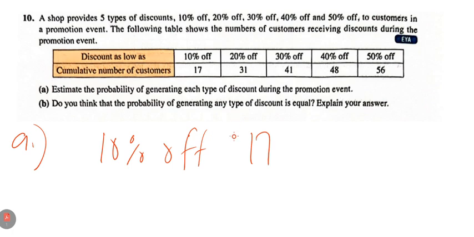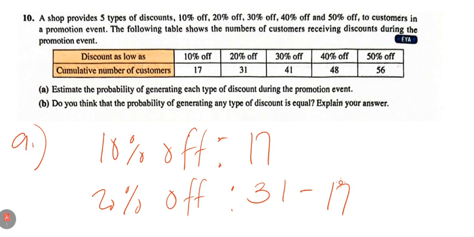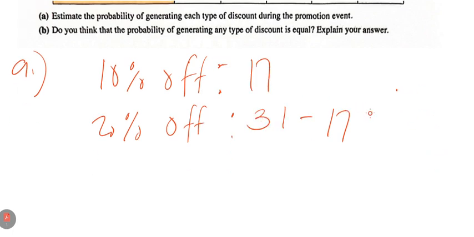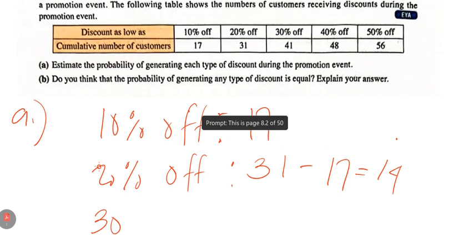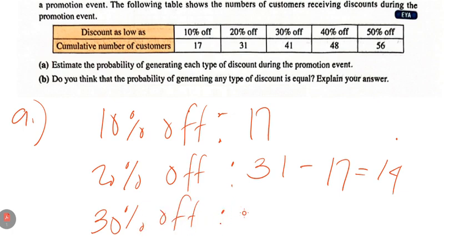Now the 20% is 31, so 31 minus 17 is equal to 14. Next, the 30%: 41 minus 31, which equals about 10.